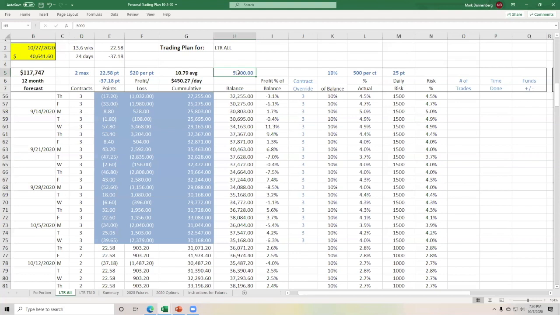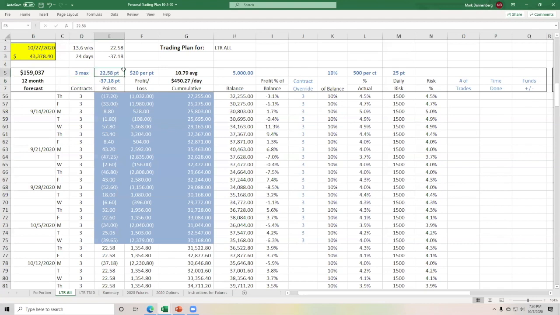This is just mathematical compounding based on your personal results and personal performance, and it's absolutely important. It's vital that you have this trading plan and that you use it to help know the answer to the question, when is enough enough?